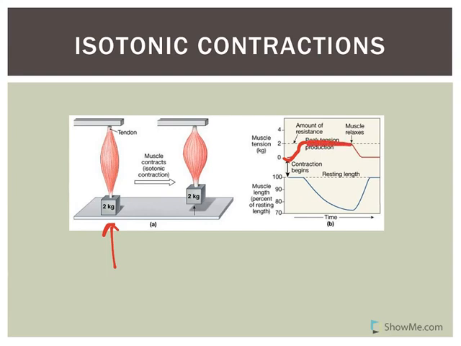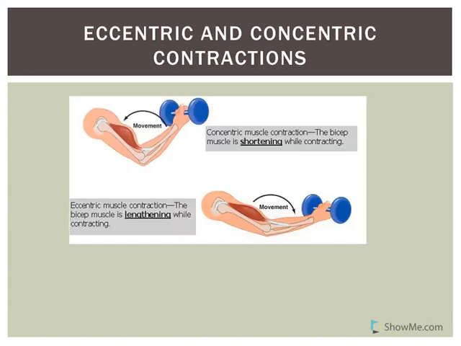But what you'll notice in this situation is the muscle length has decreased. And so this type of muscle contraction is referred to as a concentric muscle contraction. So this picture is showing an illustration of a concentric muscle contraction.